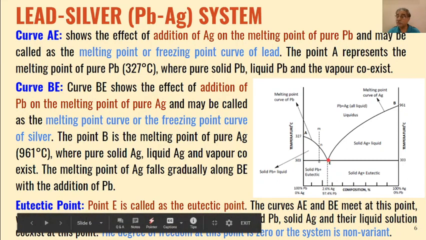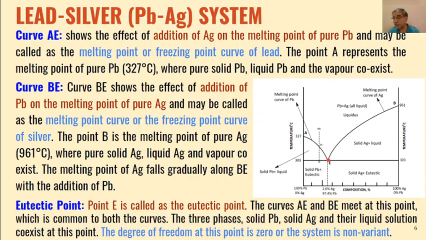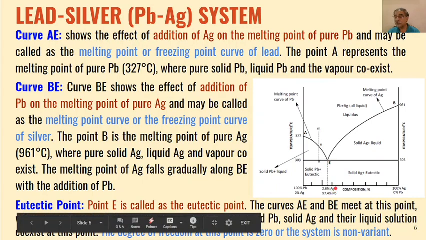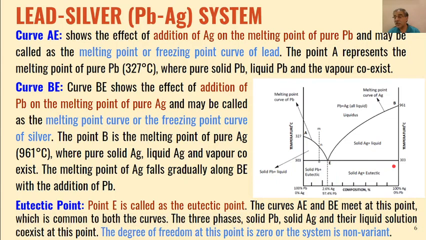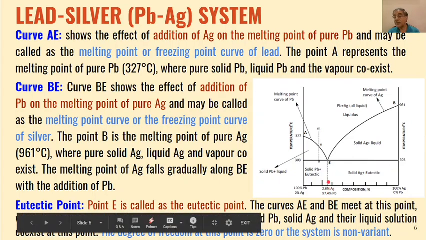So as we move from E to the right, the composition of silver will increase and the composition of lead will decrease. At this point the composition of silver is 2.6%, but as we move towards this end, the composition of silver will be 100% and lead will be 0%.